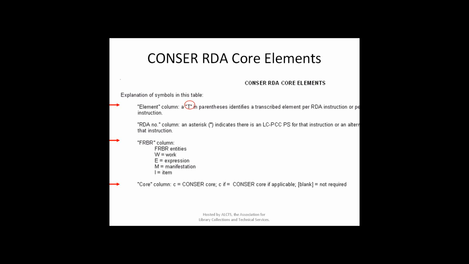And then the second arrow that I have here points out that this document is organized by RDA instruction, and it also gives the FRBR entity levels, and it tells you which entity you are working with when it talks about a particular RDA element. And then the final arrow there points to a column that gives whether the element is core for CONSER, core if in certain situations, core if it's there, or whether it is an element that's not required.